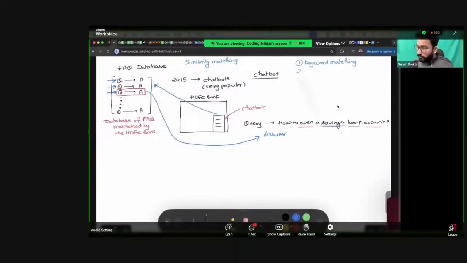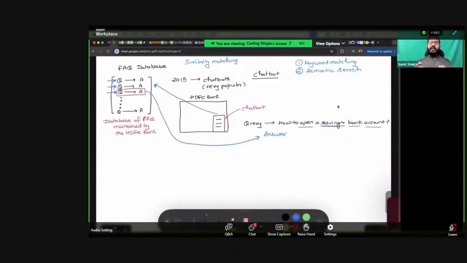There is also something known as semantic search. In semantic search, we try to find the sentences or words which are closer in meaning.